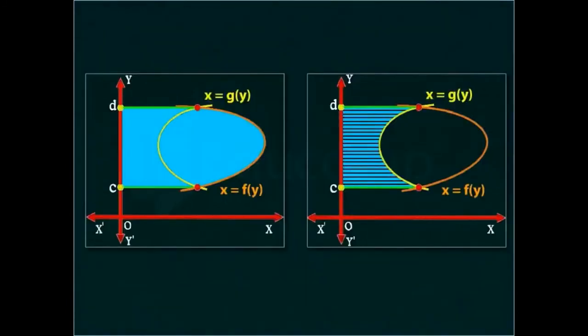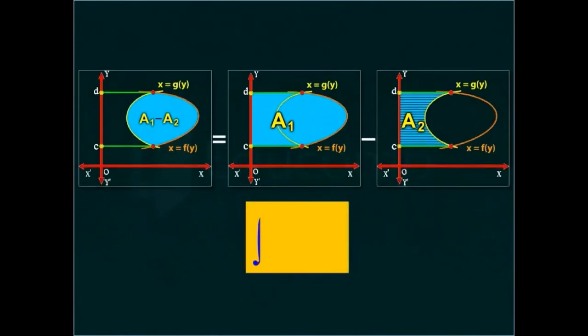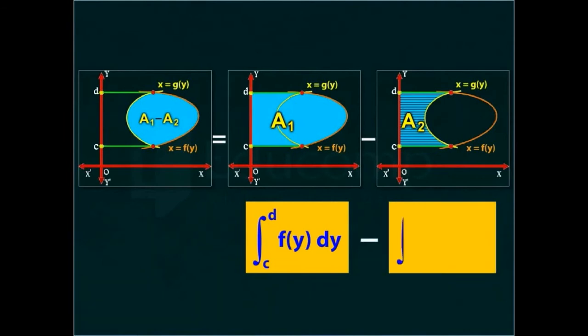If we name the two areas A1 and A2, then their difference represents the area enclosed by the two curves. A1 can be expressed as a definite integral from c to d, f of y dy, and A2 can be expressed as a definite integral from c to d, g of y dy.